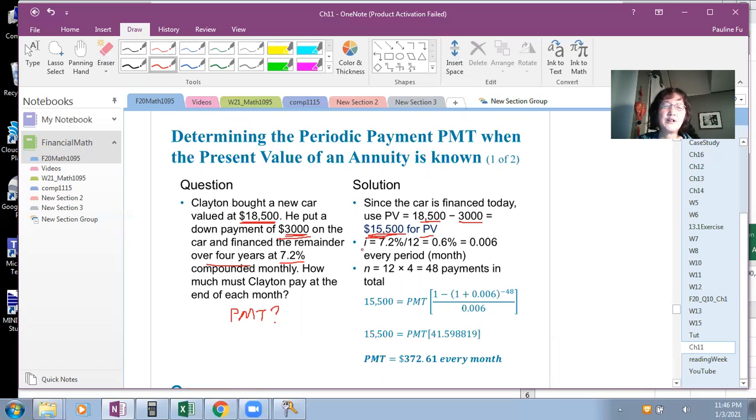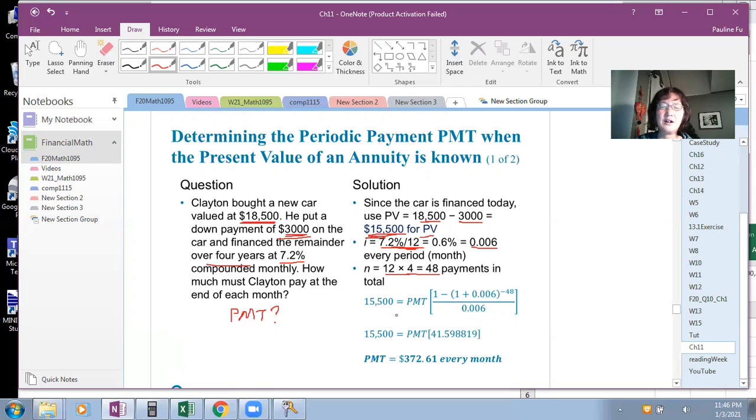And you also know the interest is 7.2%. Compounded monthly means divided by 12. This is I, the periodic interest. N is 4 years. Every year, you make 12 payments. So total, you have 48 payments.